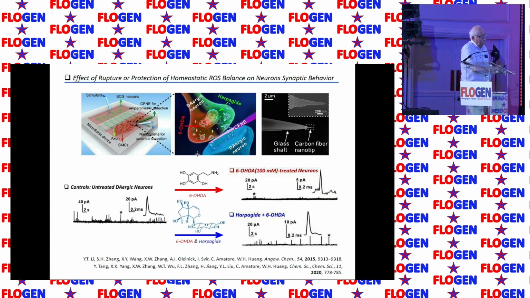You see the scale is 5 picoamp on the right, while it was 20 picoamp on the left. But now if you add arpagide, which is an antioxidant, this eliminates the problem created by the 6-hydroxydopamine, and as you see, the neuron restores its own behavior. So this shows that you can bring an antioxidant from outside, which will help and restore the function.